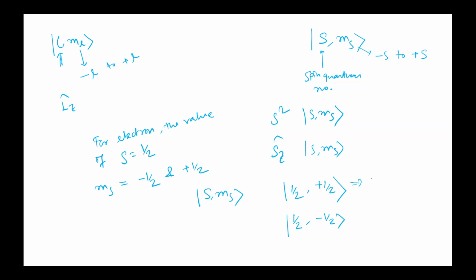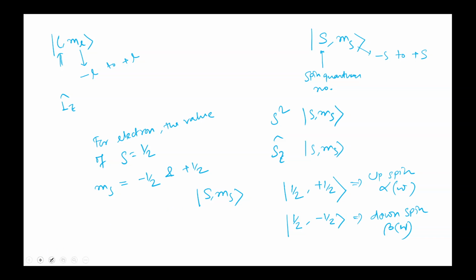Now this we call the up spin, or alpha of omega. Here omega is actually an arbitrary coordinate that I have defined, and there are only two possibilities. So this is called alpha of omega, and the other is the down spin, which is beta of omega.